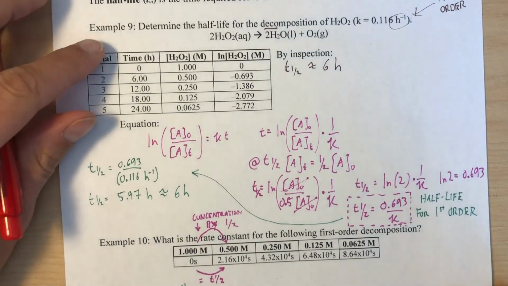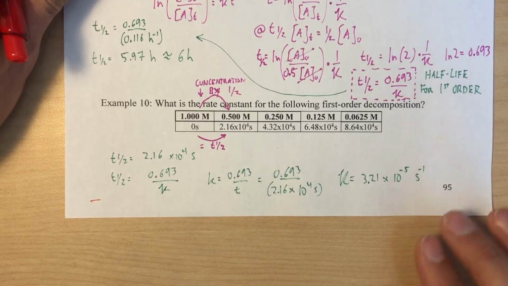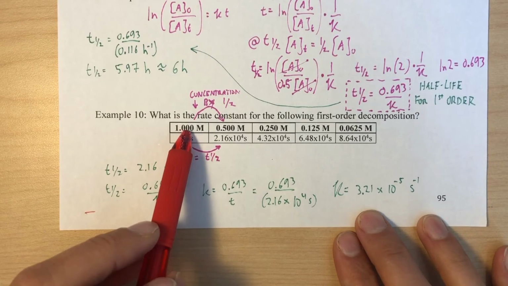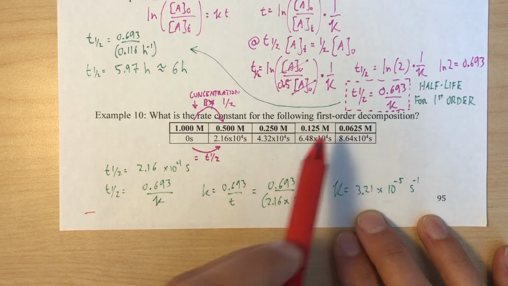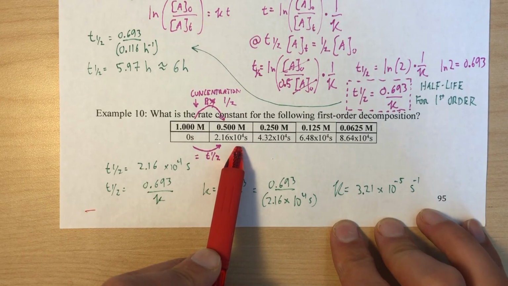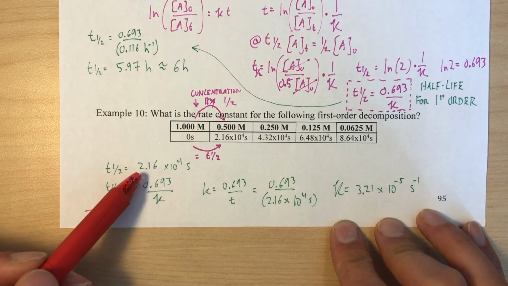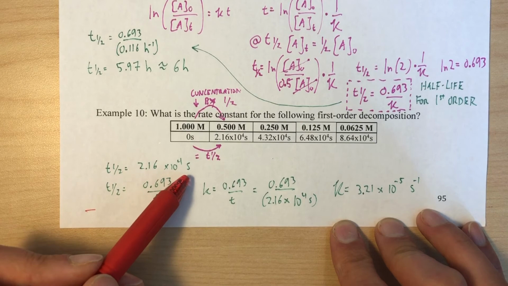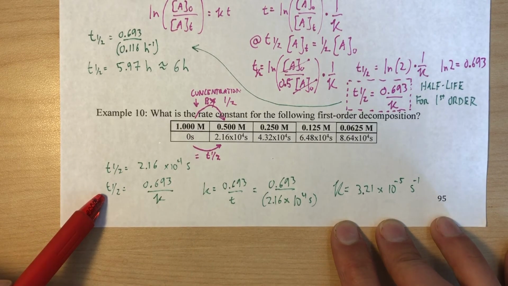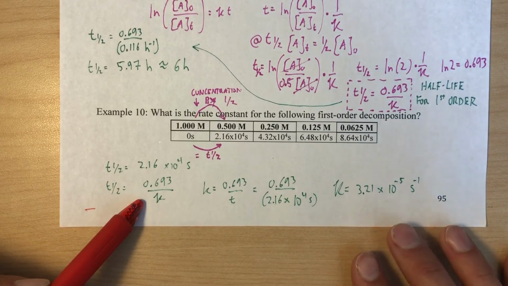In the next example, it's a very quick example showing a different way of presenting data. Concentration is going down by half for each one of these data points, which means that any one of these data points is going to be equal to our half-life in seconds. So our t1/2 is equal to 2.16 times 10 to the 4th seconds. To solve for k, we take t1/2 equal to 0.693 divided by a rate constant k.